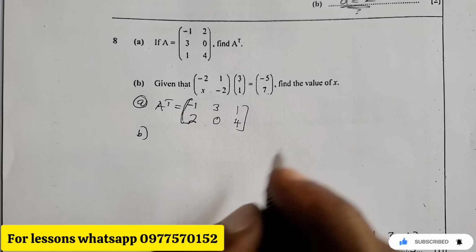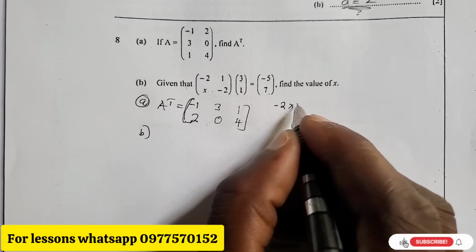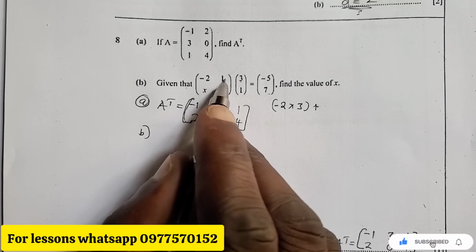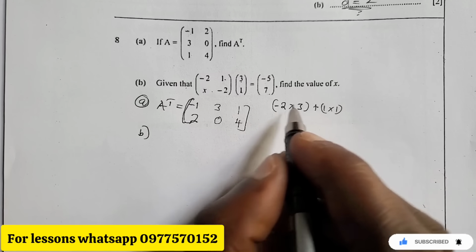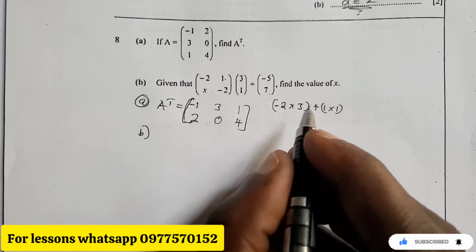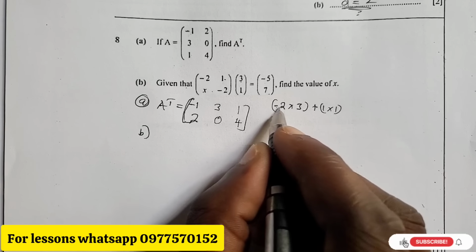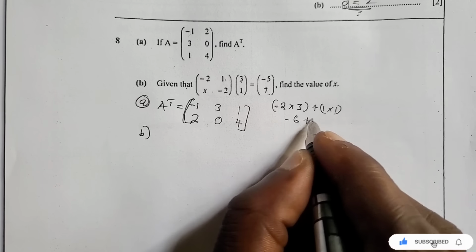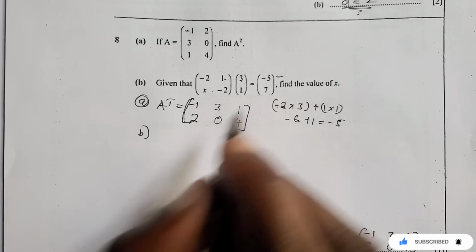Let me show you that. -2 times 3, since it's row by column, plus 1 times 1. And this is supposed to give us -5. Let's try. -2 times 3 is -6. 1 times 1 is 1, so plus 1. And this is going to give us -5, which is the same as this.